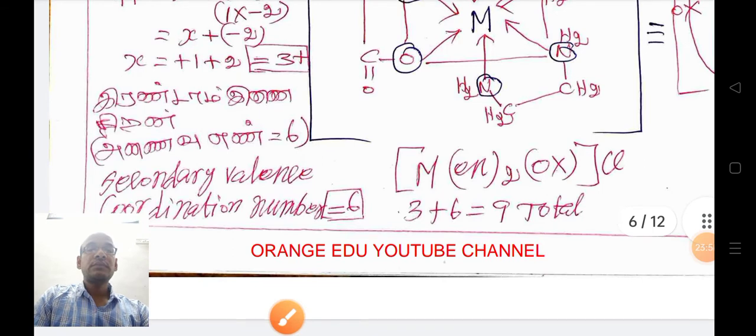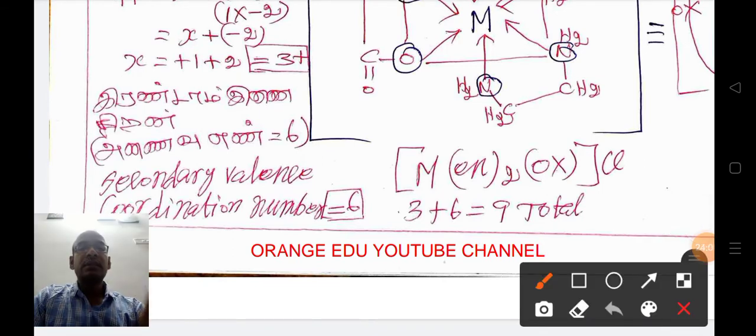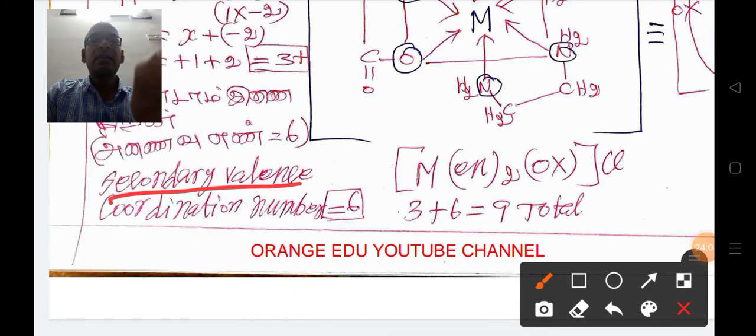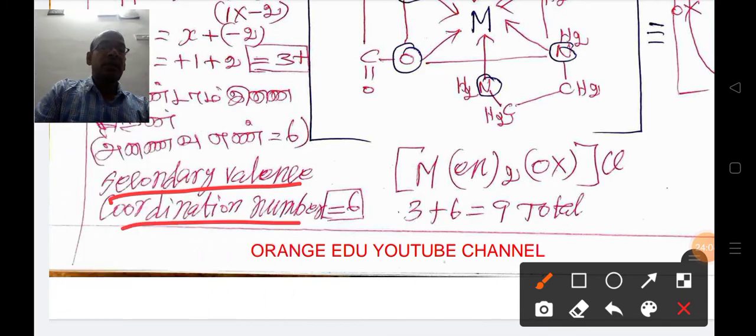Next point is the secondary valency, which is the coordination number. In this case, oxalate and ethylene diamine are bidentate ligands, that is each has 2 donor atoms.